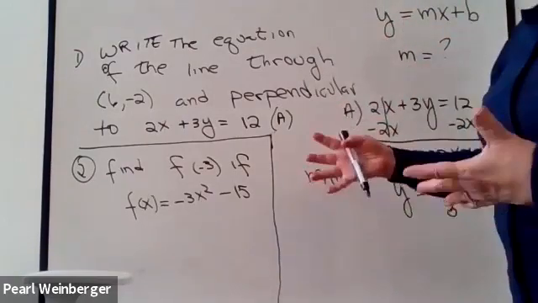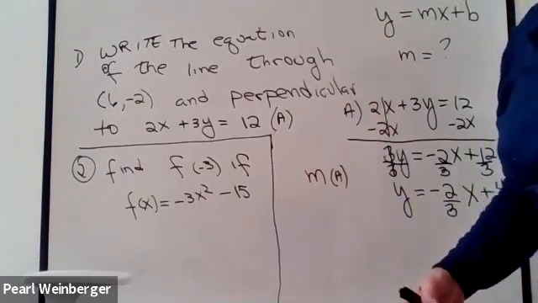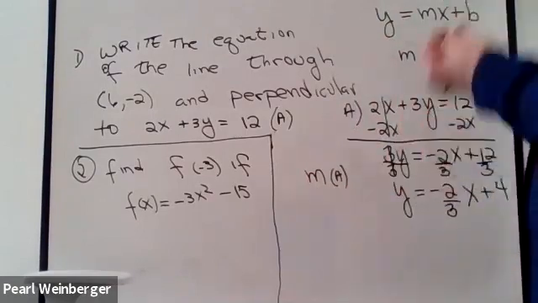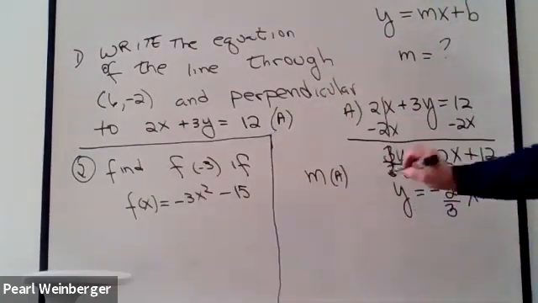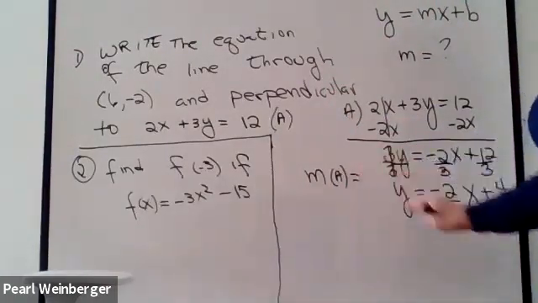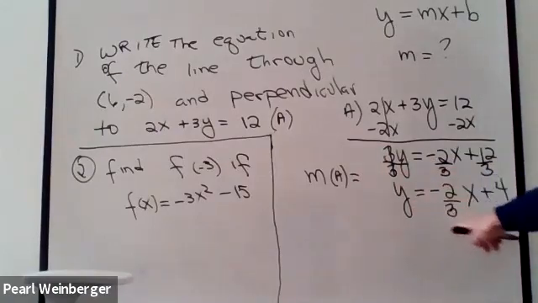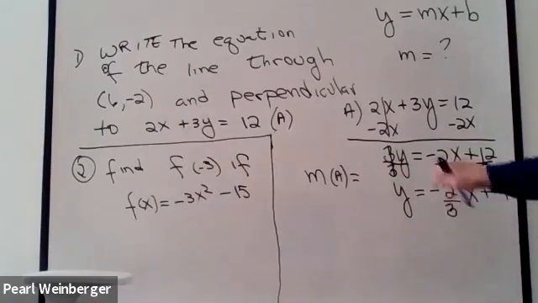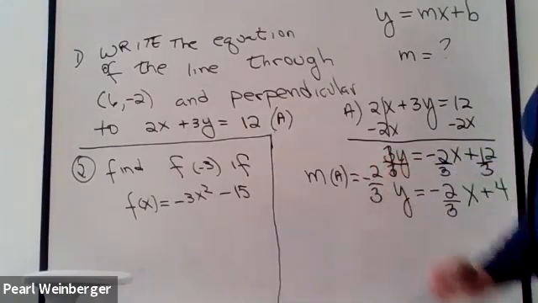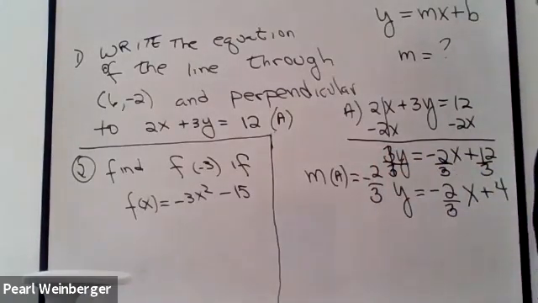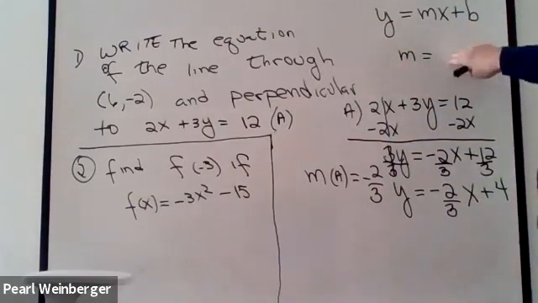The only time they are the same slope is when the two lines are parallel, but these are not parallel lines, these are perpendicular lines. So the slope of my original line is the number attached to the x, which is -2/3.